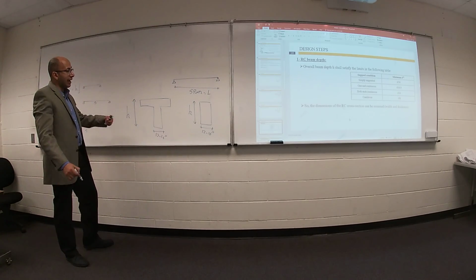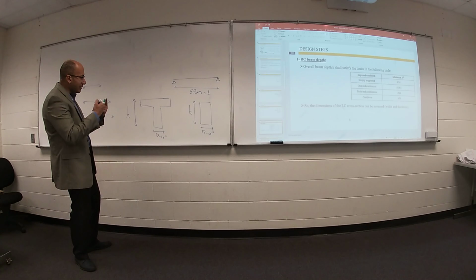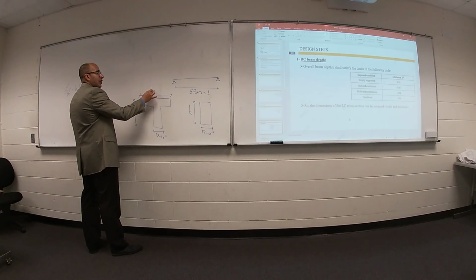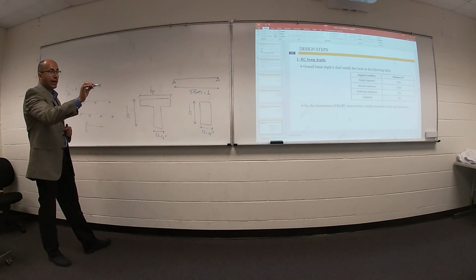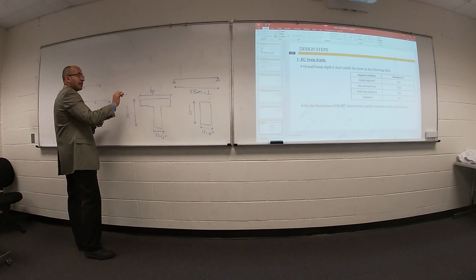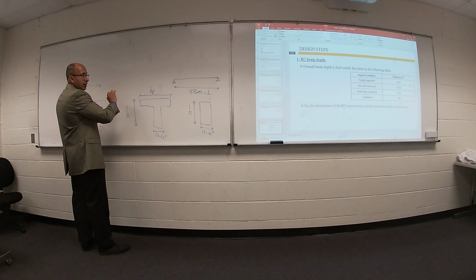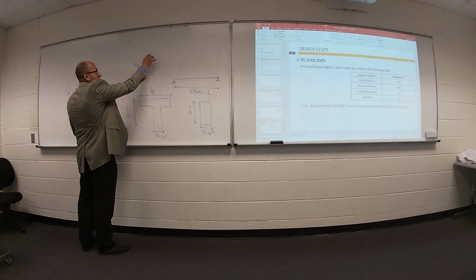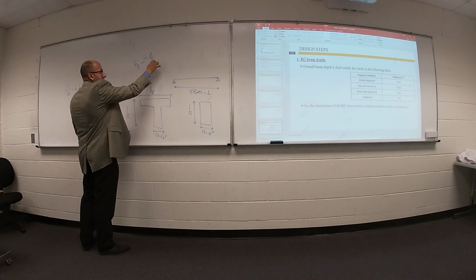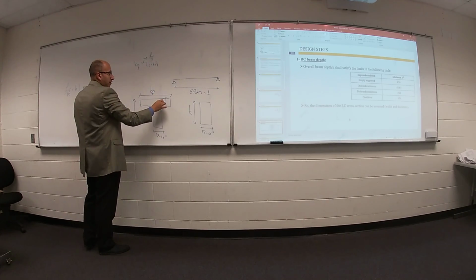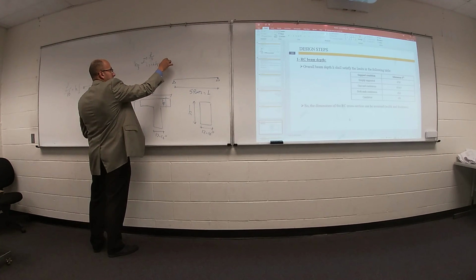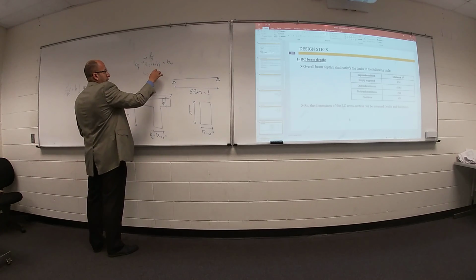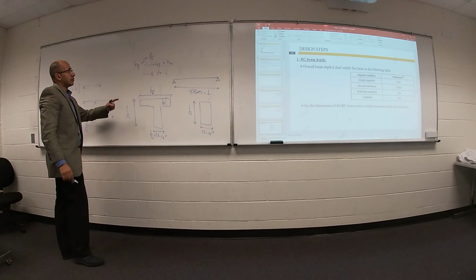But today, I'm talking about a T section. So we missed something. What is the dimension for your flange? We talked about this just a few minutes ago. So B flange may be span divided by 4, 16 H flange plus B web, or center line to center line, whichever is the smallest value.